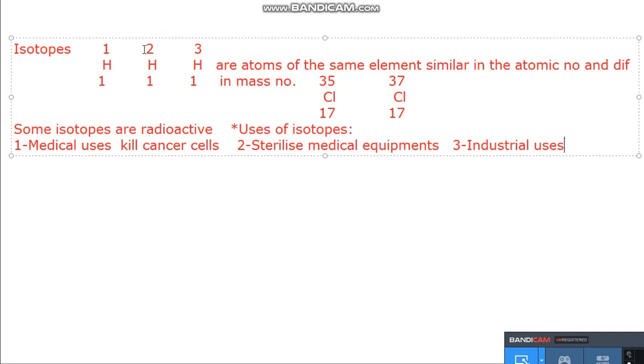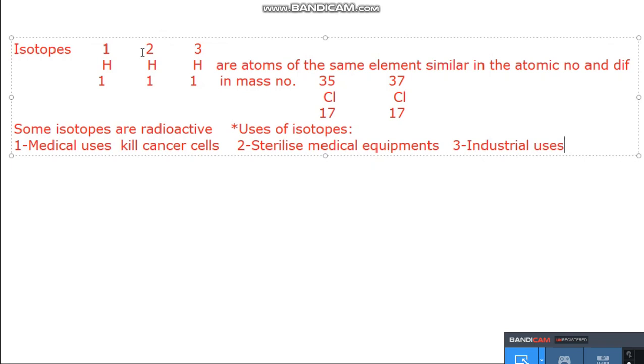Why? Because they have different neutrons. Raise your voice, Ahmed. Because they have a different number of neutrons.